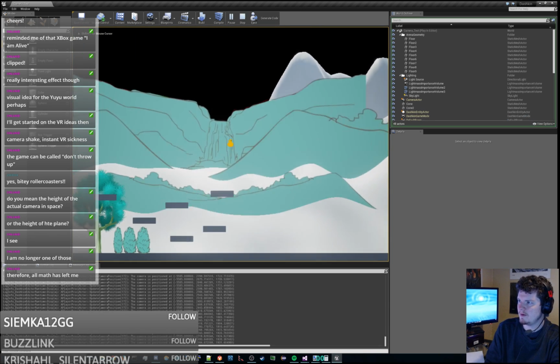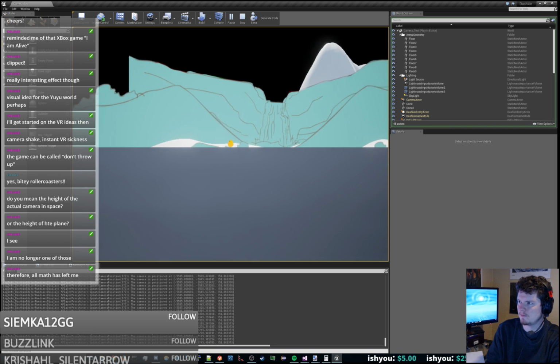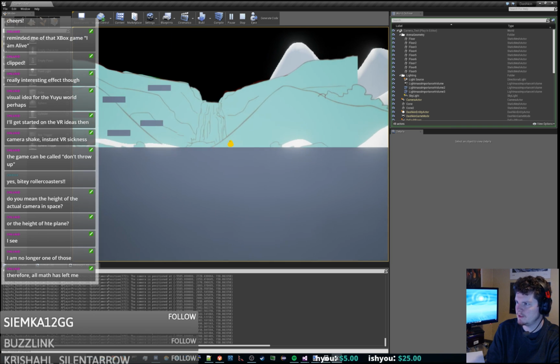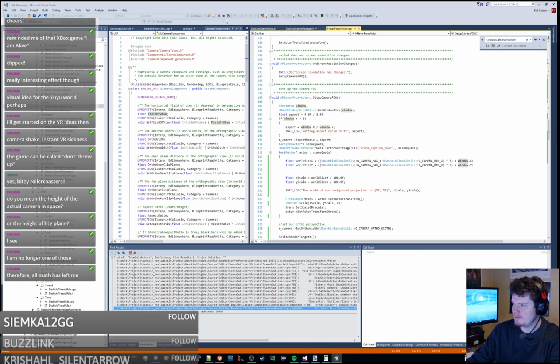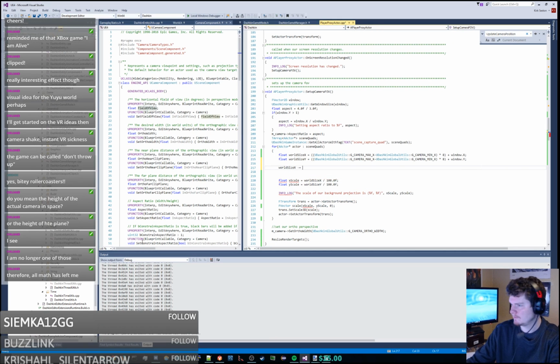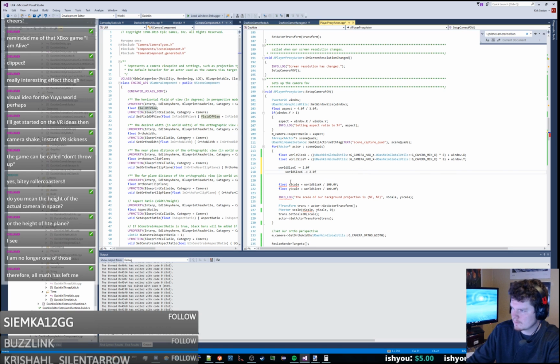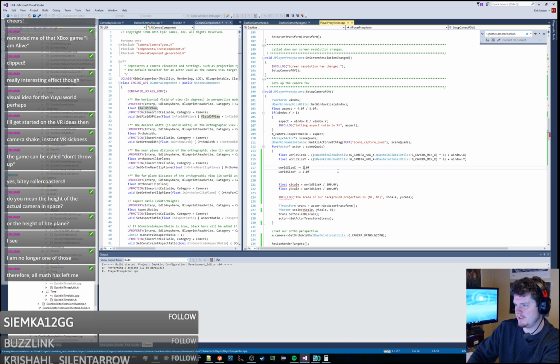Is that right? Might actually be correct. The way we should be able to test if it's correct is by subtracting a very small amount. Well, it should be like 200.